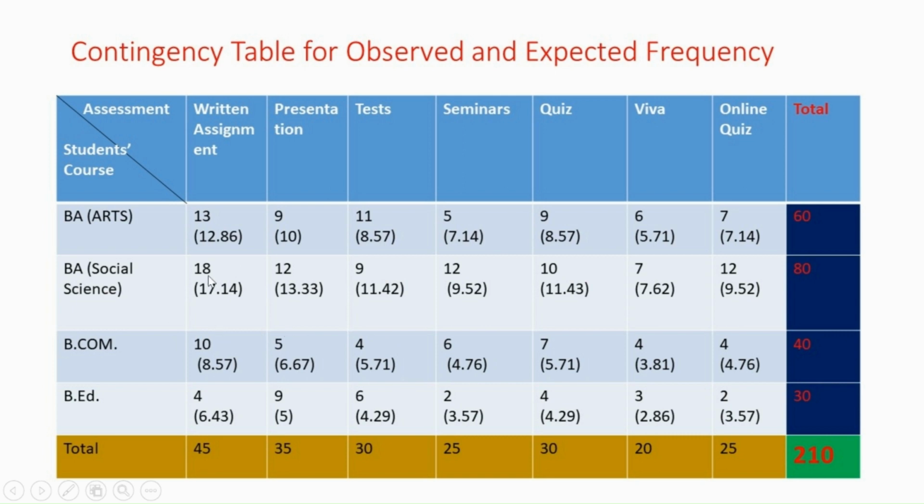And for the other courses like BA Social Science, for the first cell, we get the expected frequency by multiplying 45, the sum total of this written assignment column, by the total frequency 80 for BA Social Science and dividing by the grand total 210.